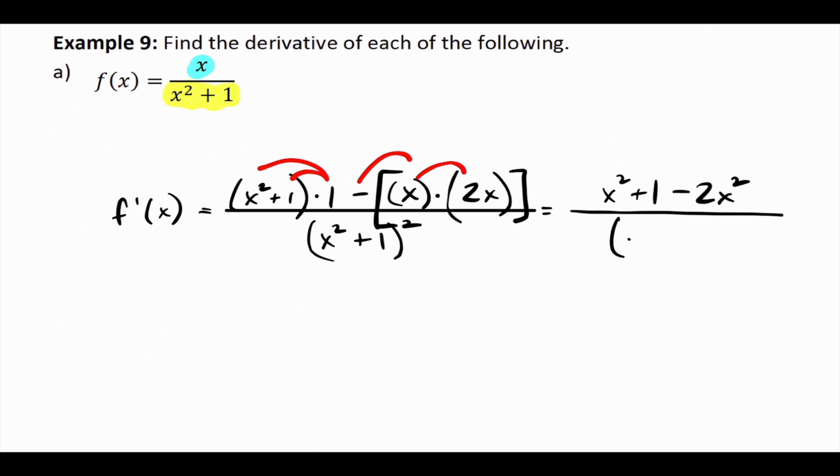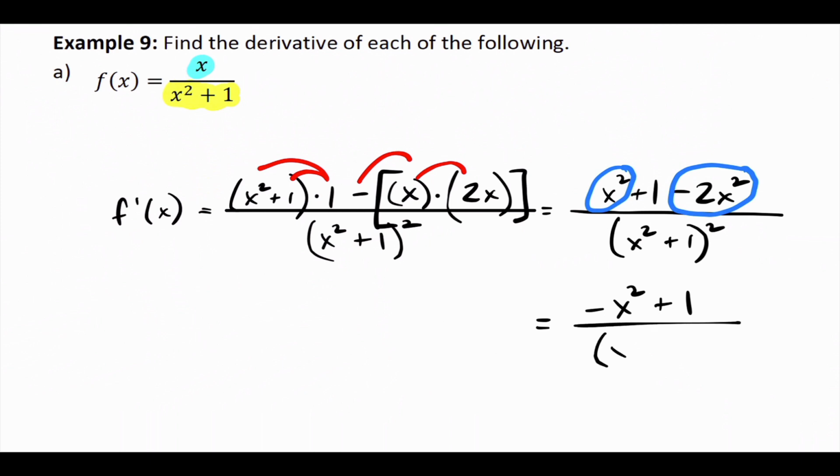Bottom is just x squared plus 1 squared. Combine like terms. Positive 1 x squared, negative 2x squared. I get negative 1x squared plus 1 over x squared plus 1 squared.